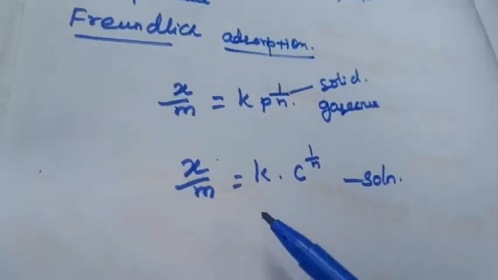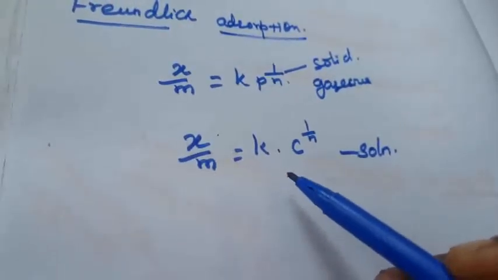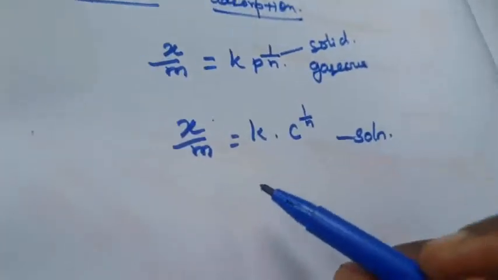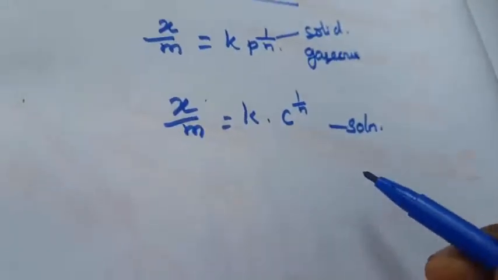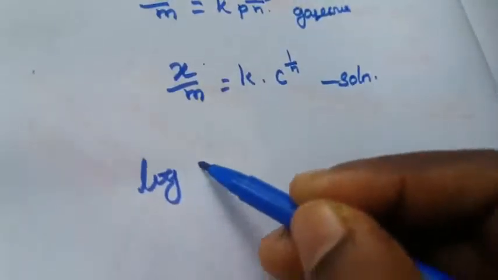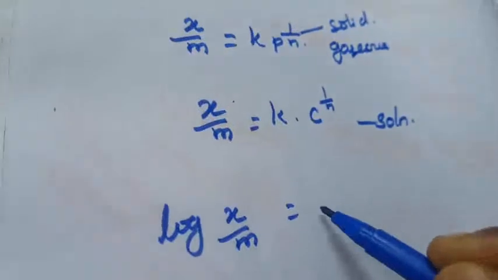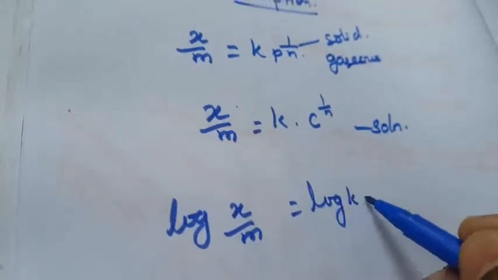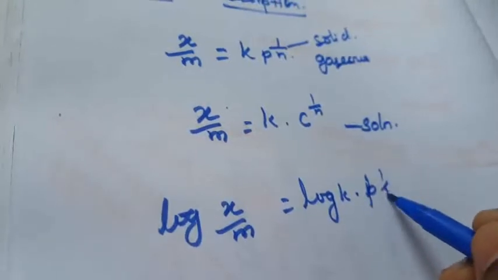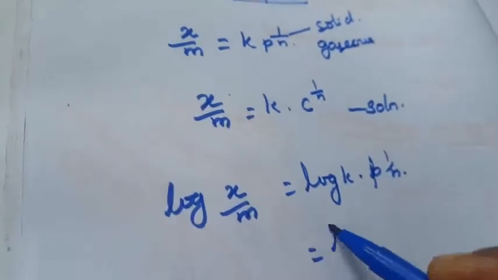So in solution, this equation can be written as x by m is equal to k into C to the power 1 by n. Using this equation, one simple derivation is taking log on both sides. So that is log x by m is equal to log k into P to the power 1 by n.